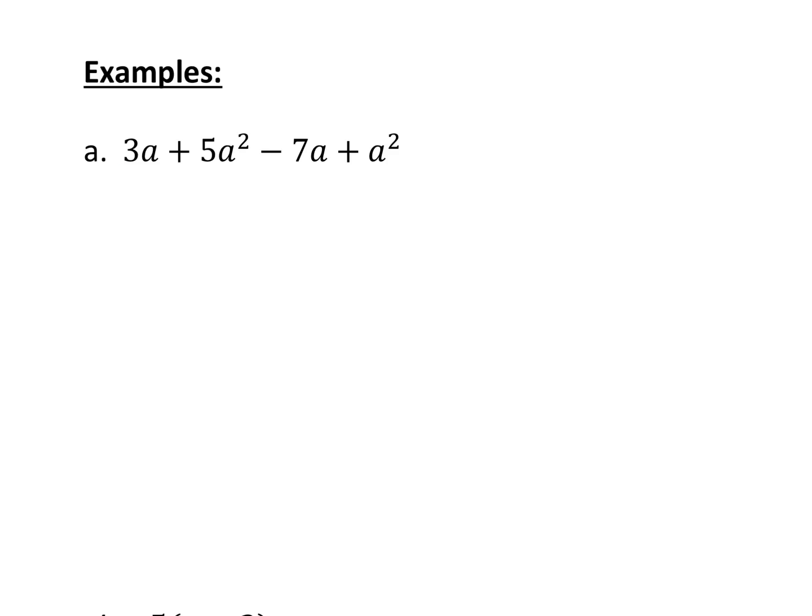And so, for instance, here our 3a can combine with our negative 7a. They are both a terms. And so in order to do this, we're going to combine our coefficients. We're going to ignore the a for now, so we have 3 and negative 7 combined to give us negative 4, and then we keep our a.